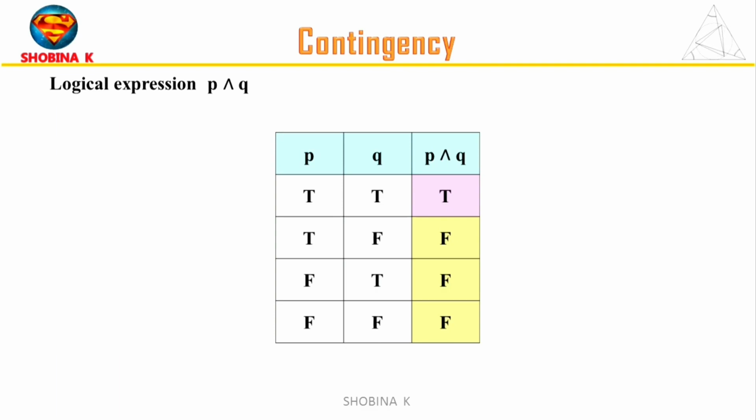Its truth value depends on the specific truth values of P and Q. A compound proposition will be known as contingency if and only if the proposition is neither contradiction nor tautology, which means all possible truth values of propositional variables will contain both false and true.